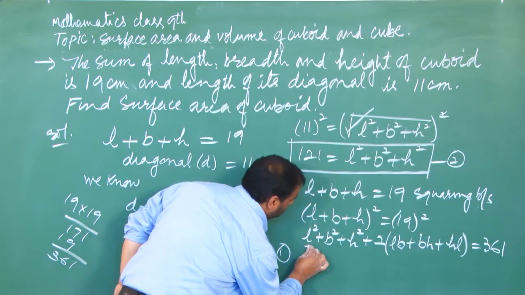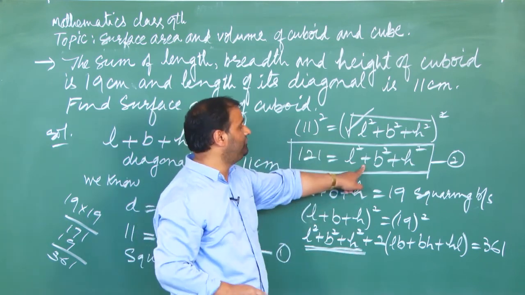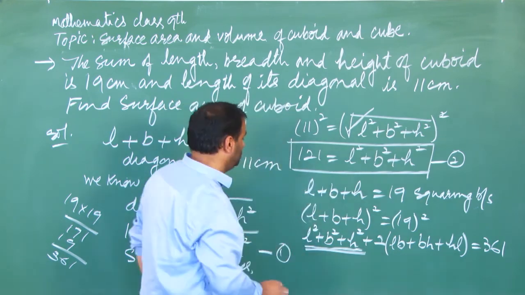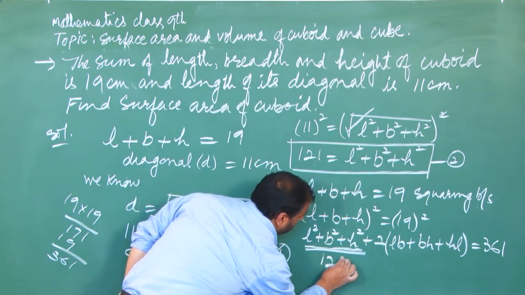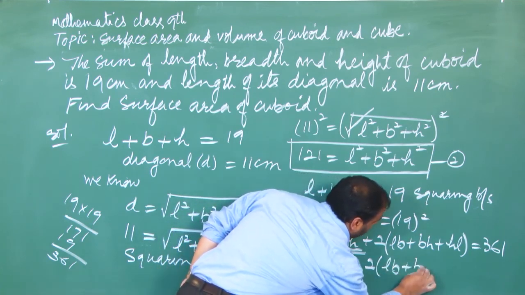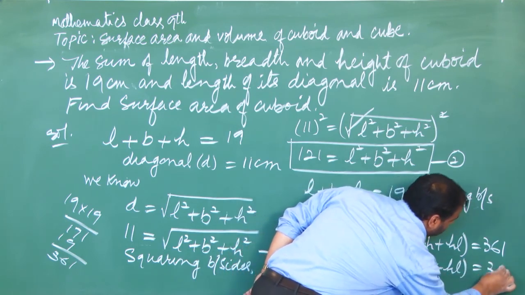What is length square plus breadth square plus height square equal to? Refer to equation 2. It is equal to 121. So write down 121 there and repeat all this.